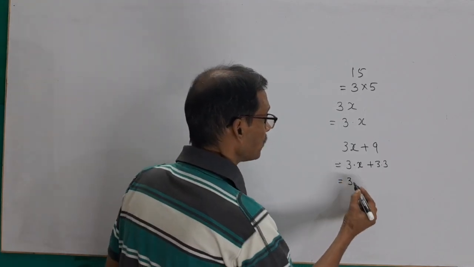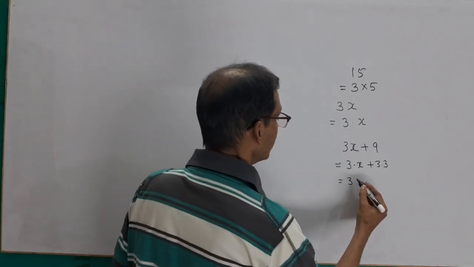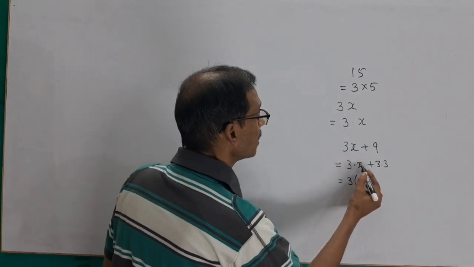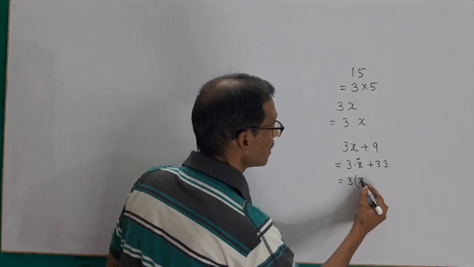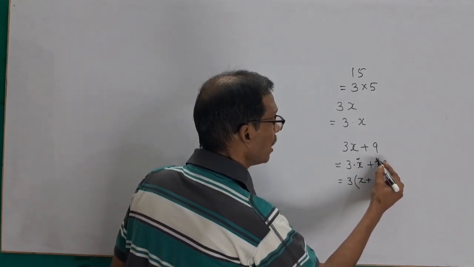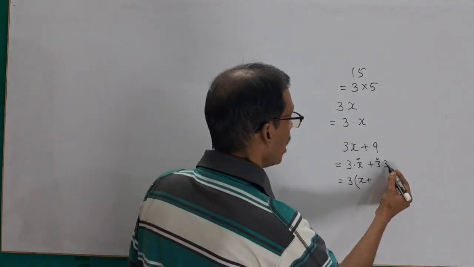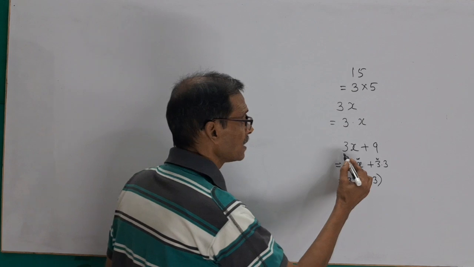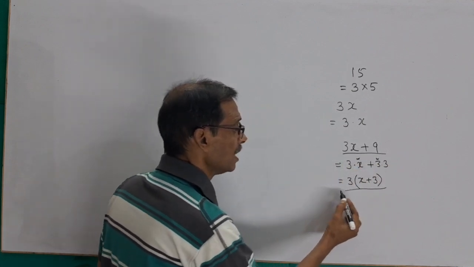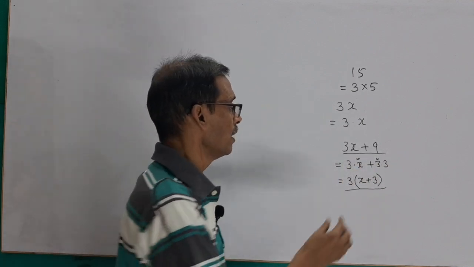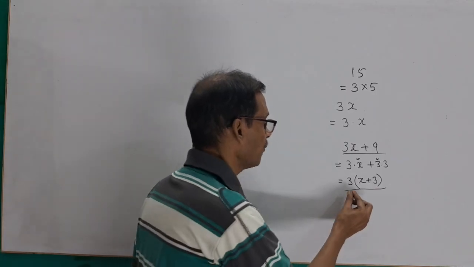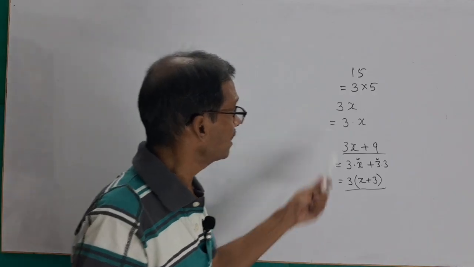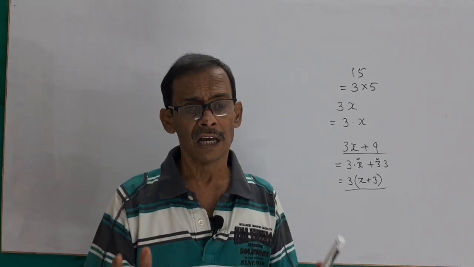So, if you take 3 out common, then you can put a bracket and now remaining x plus this 3. One 3 you have taken common, so the other 3 will remain inside the bracket. So, 3x plus 9, if you factorize, it will become 3 into x plus 3. That means one factor is 3, other factor is x plus 3. I think basic what is factorization, it is clear to you.